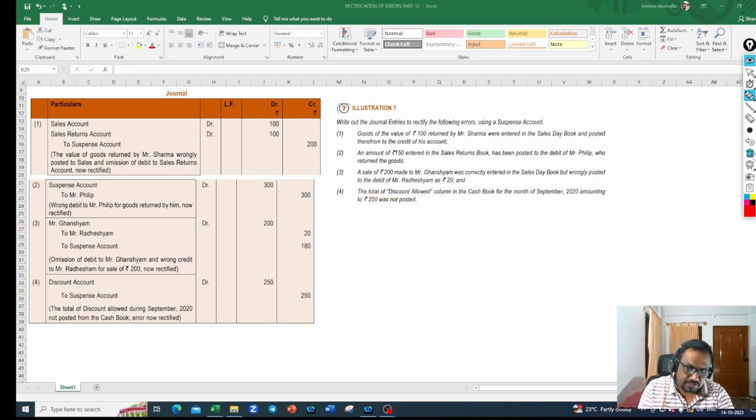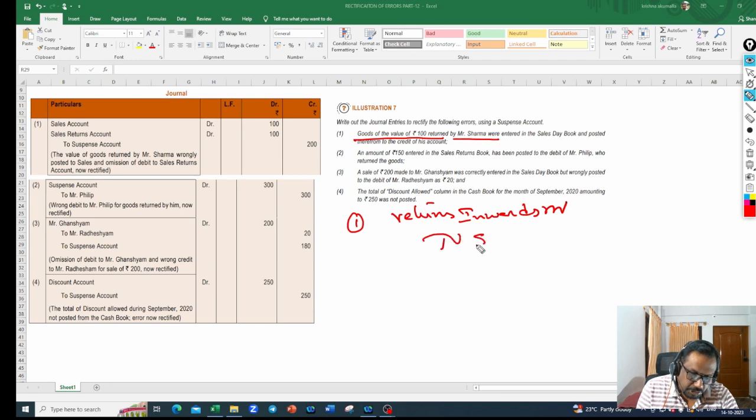Let us look into each transaction. Goods of the value 100 returned by Mr. Sharma. When Sharma returned, what entry do we post? Return inwards account debit to Sharma account. This is the correct entry to the extent of 100 rupees.